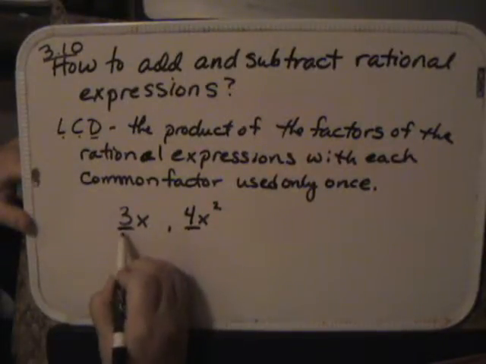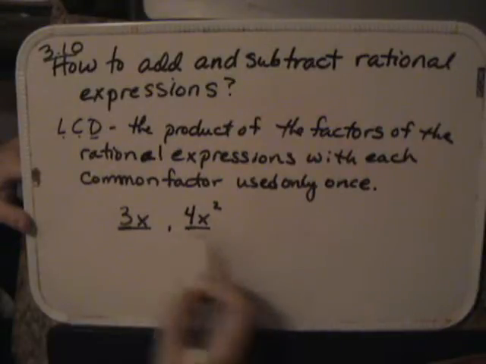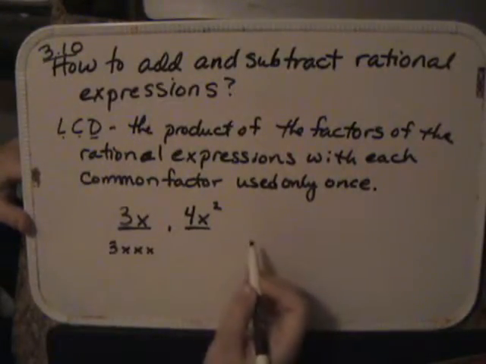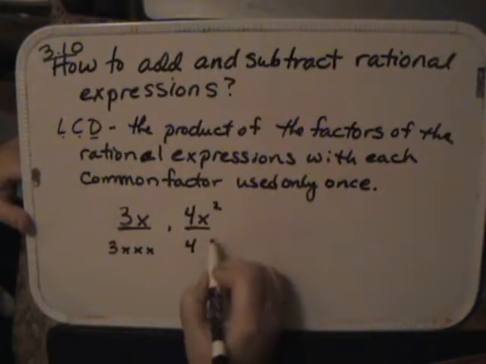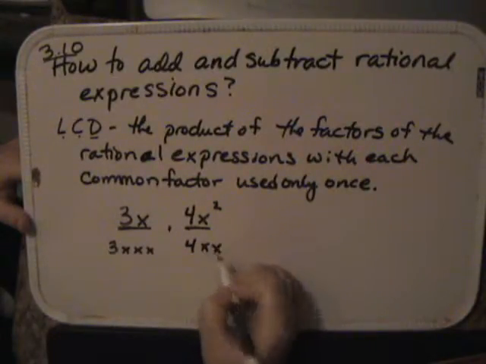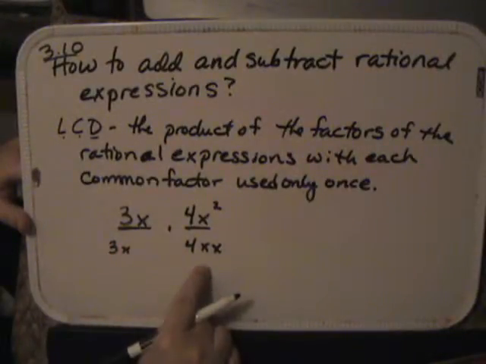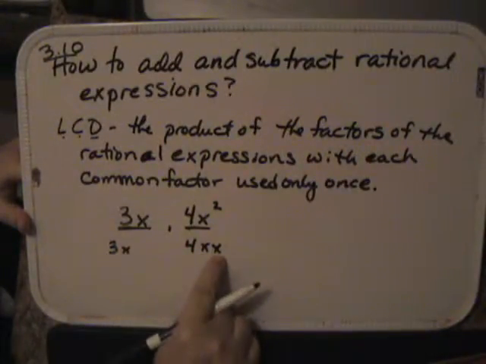So first let's look at 3x and 4x. Well, 3x is a 3 and an x, and 4x squared is 4 times x and x.